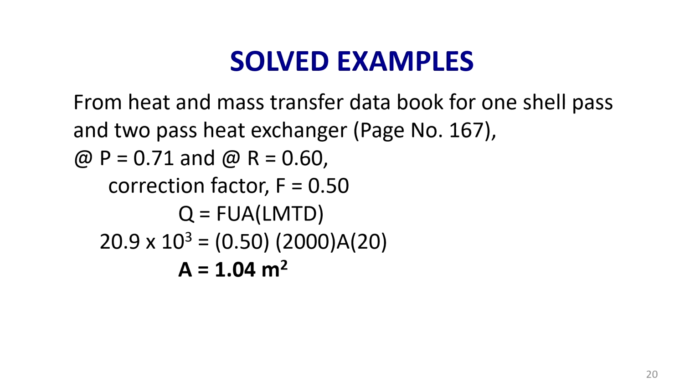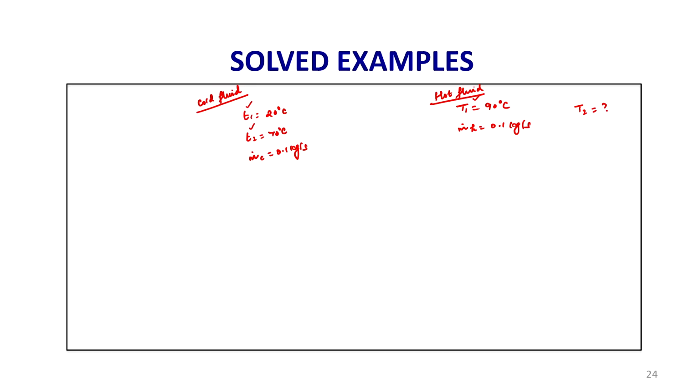Now, in order to find out this capital T2, we write: heat lost by hot fluid is equal to heat gained by cold fluid. So, the hot fluid is losing the heat and the cold fluid is gaining the heat.